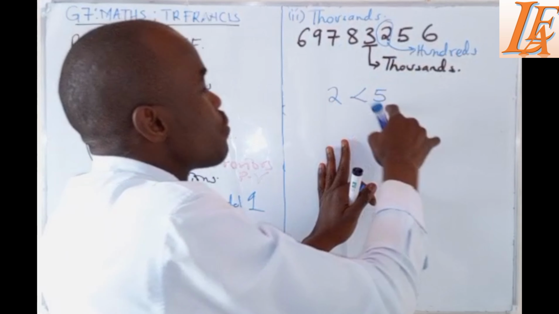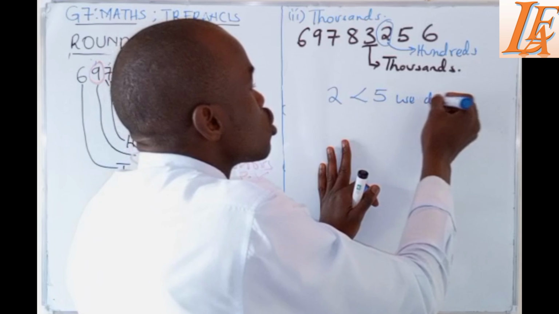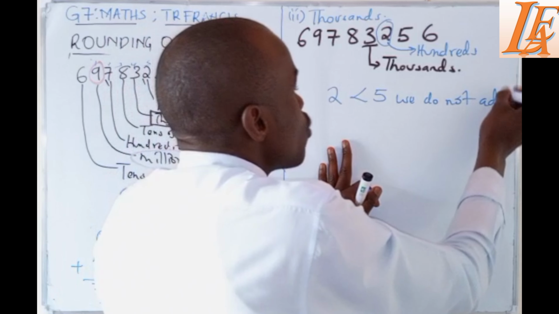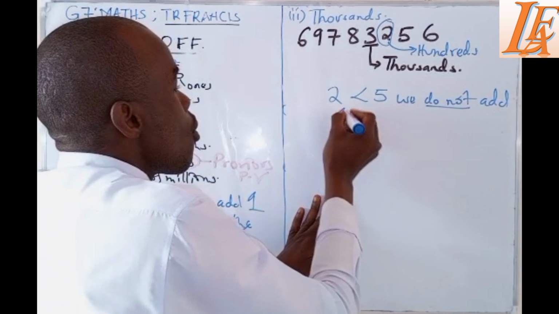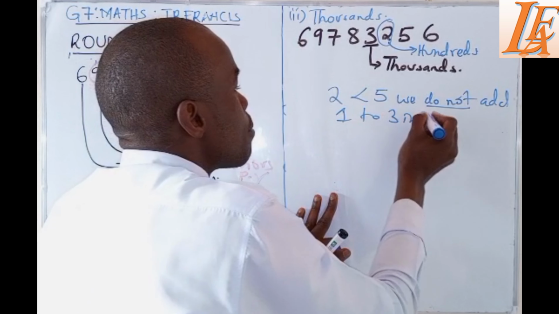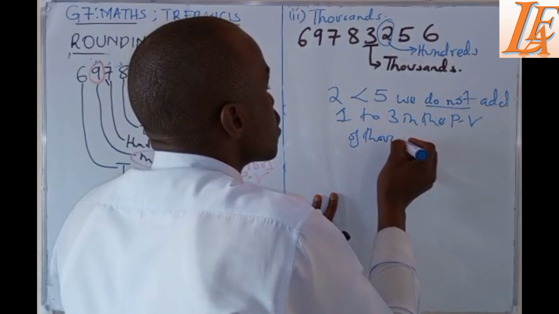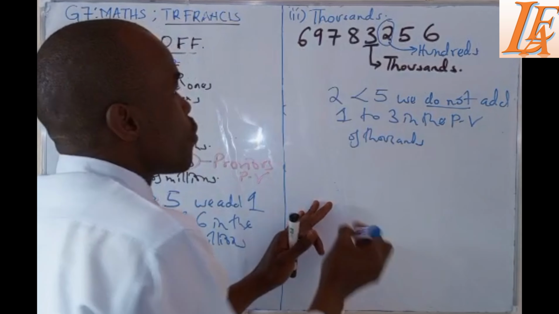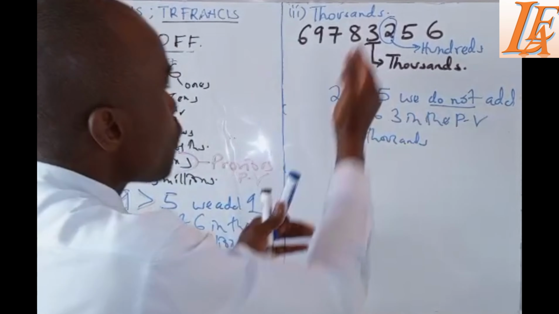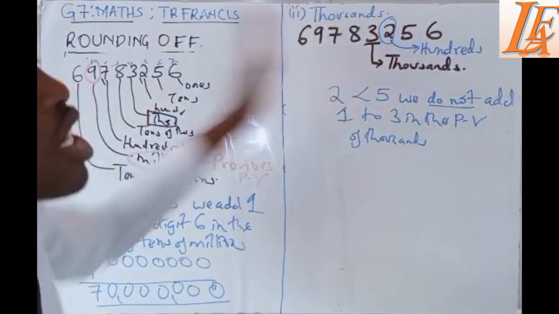So therefore 2 is less than 5. We do not add 1 to 3 in the place value of thousands, because 2 is less than 5. Therefore, the numbers that precede this one, you maintain them.